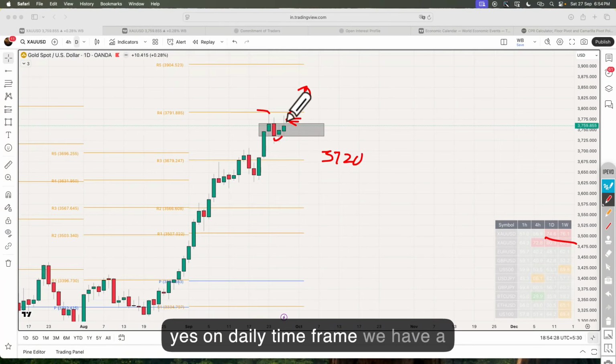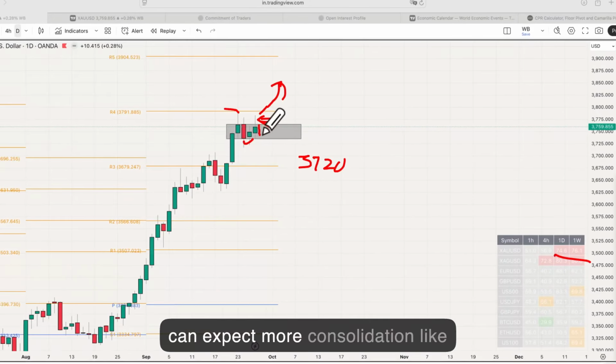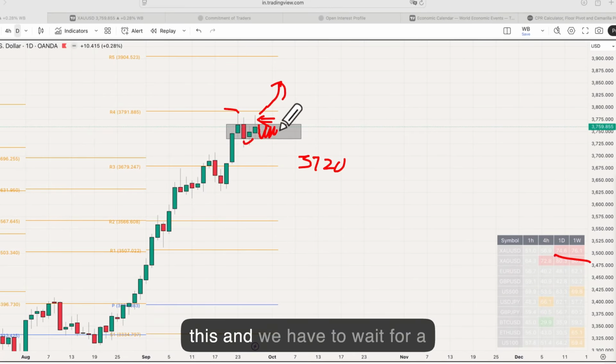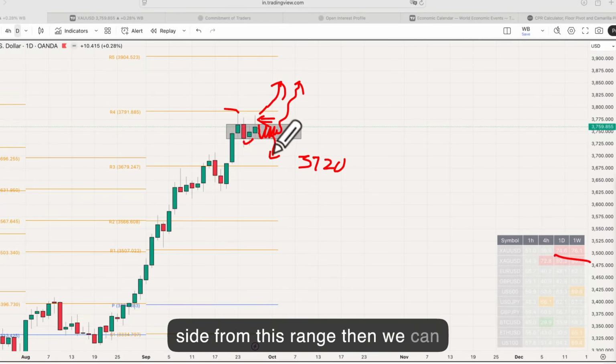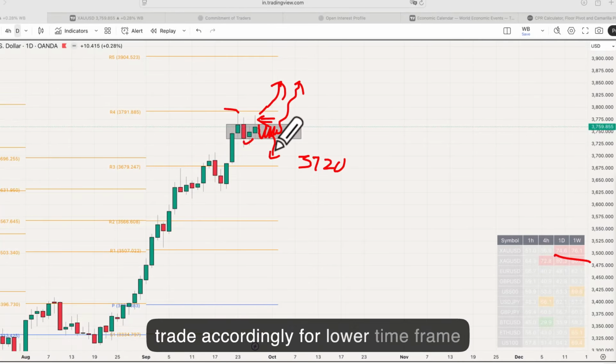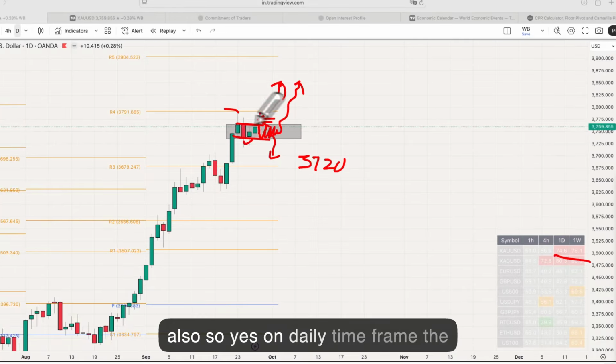So yes, on the daily time frame we have a rejection on the last day's closing, so we can expect more consolidation like this, and we have to wait for a breakout to the higher side or lower side from this range, then we can trade accordingly on the lower time frame also. So yes, on the daily time frame the view is consolidation.